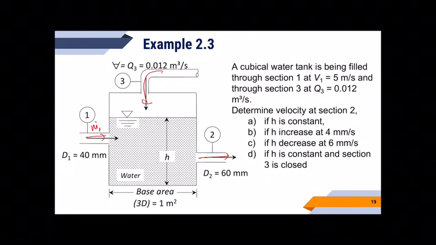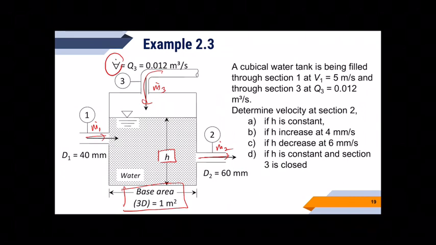Let's say m dot 1, m dot 3, both are coming in, and then m dot out at 2. And then they have base area, and then they have height of the water, of the mass water in the tank. And then remember this one, volume flow rate equal to Q.